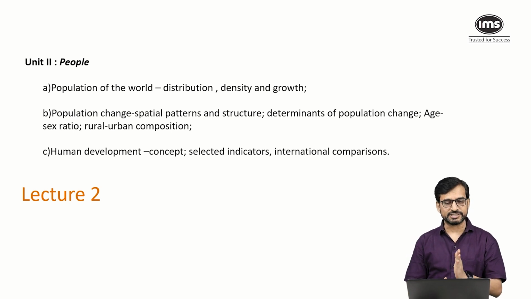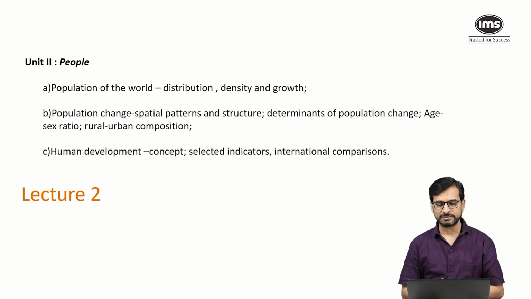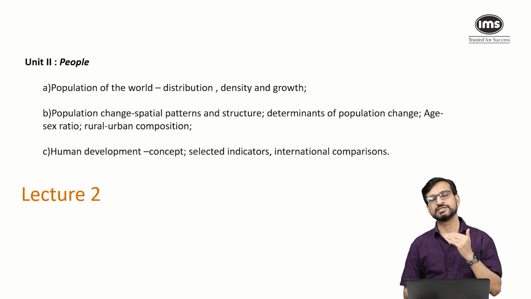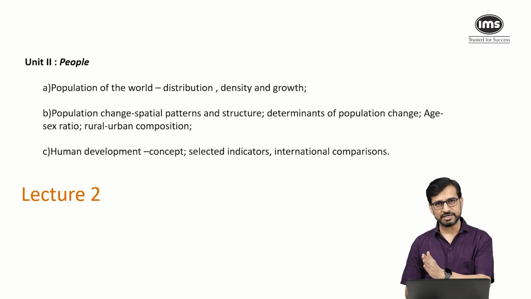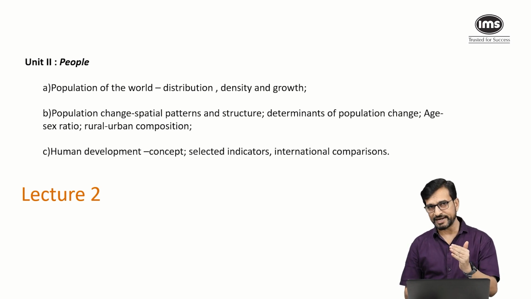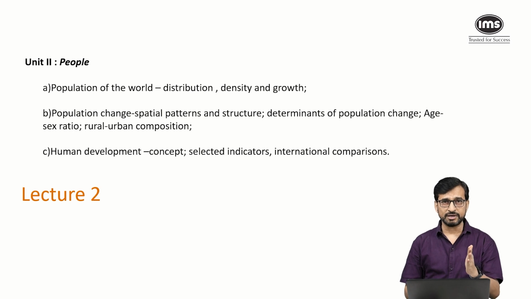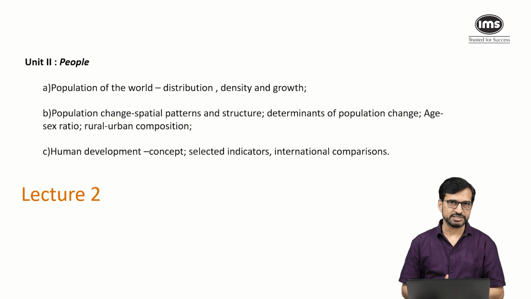Now, population change, spatial pattern and structure. What do we mean when we say population change? We are talking about mass migration, growth rate diversions, and different patterns of population change.